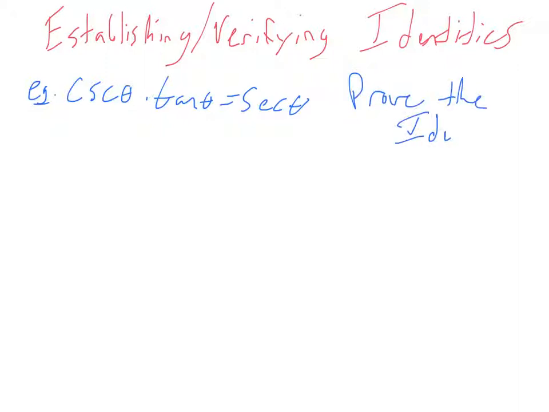All right, so what you need to do is use your trigonometric identities to break this down to a statement that we know to be true no matter what. Right now, I don't know off the top of my head that cosecant theta times tan theta equals secant theta. But if I can get this to a situation where the left side is exactly like the right side, then I've proven it.